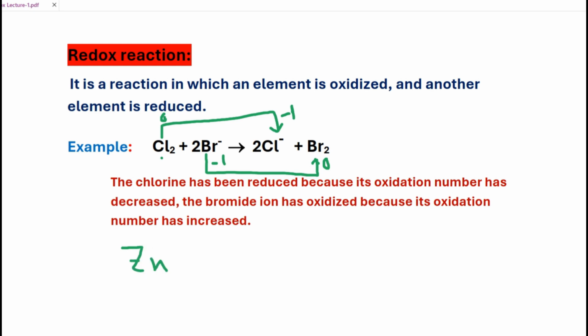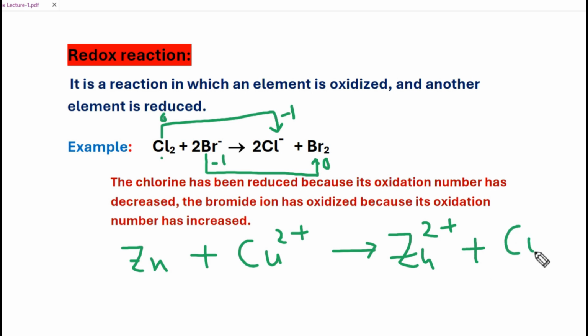And you can see zinc, copper 2 plus to form zinc 2 plus, copper. You see rule 1, zinc oxidation number is 0.